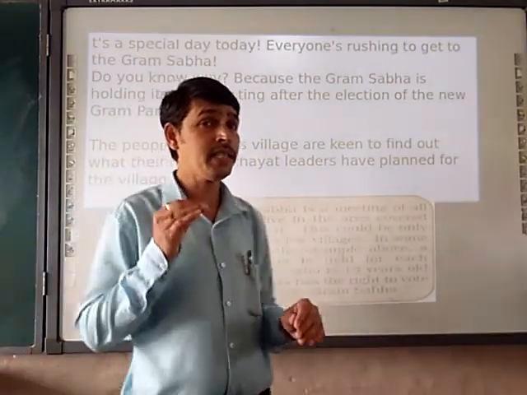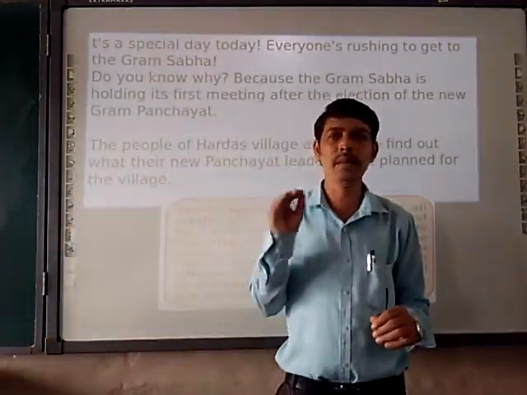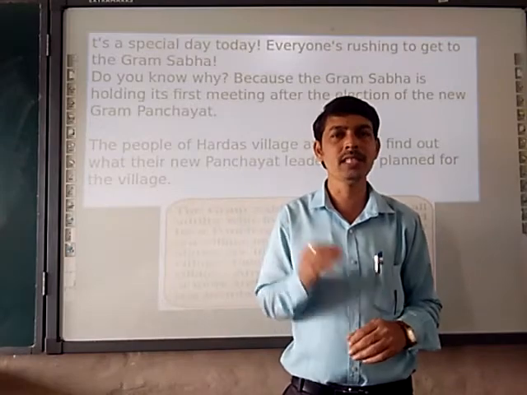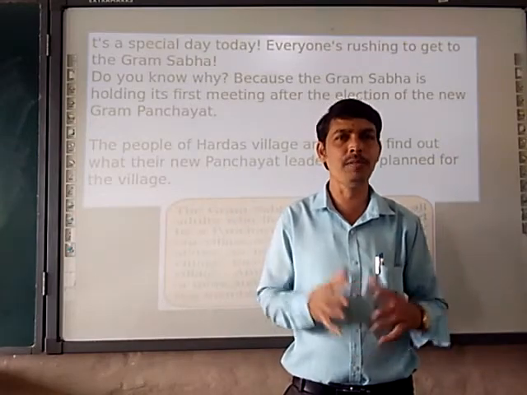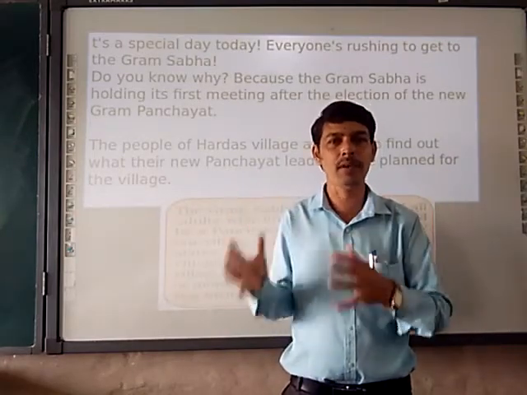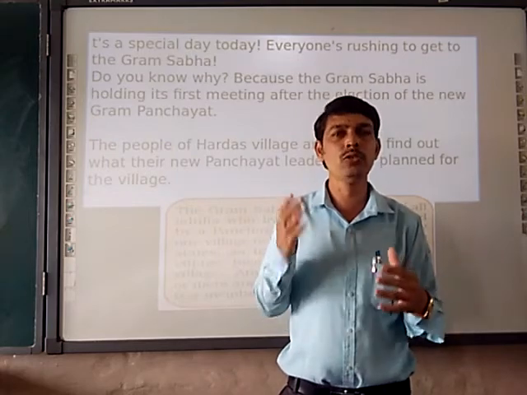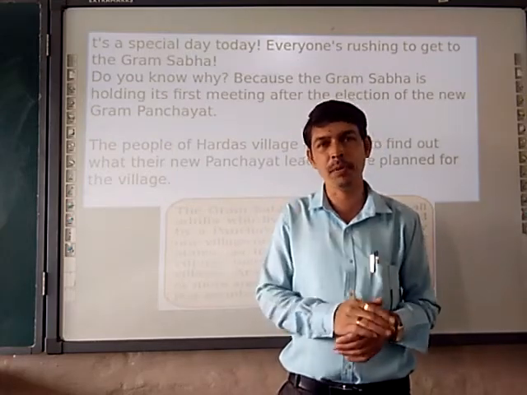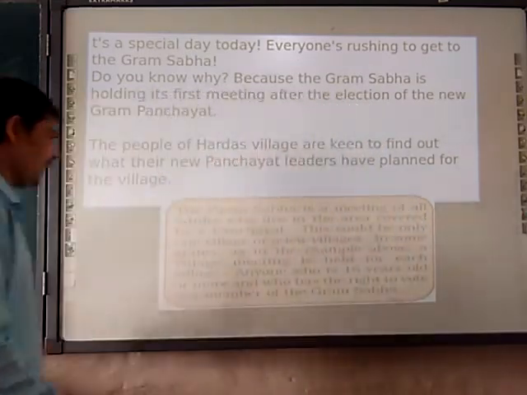So here we have seen who can be a member of the Gram Sabha. Second point, what is Gram Sabha? Gram Sabha is the meeting of the Panch and the villagers to sort out their difficult points.